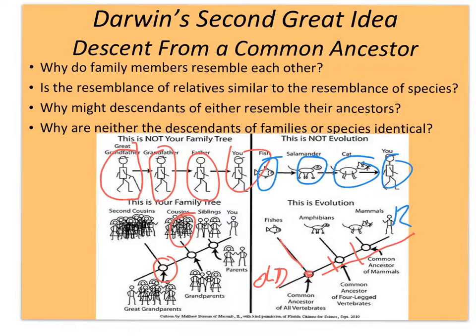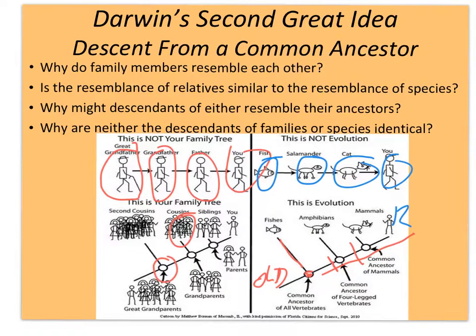The difference in our alleles and those from bacteria, we share, well, I guess we share about 30% with mice or something like that. Okay? Now, why might descendants of either resemble their ancestors? Well, I just told you. We inherited the same alleles from our ancestors, or species from their ancestral species.